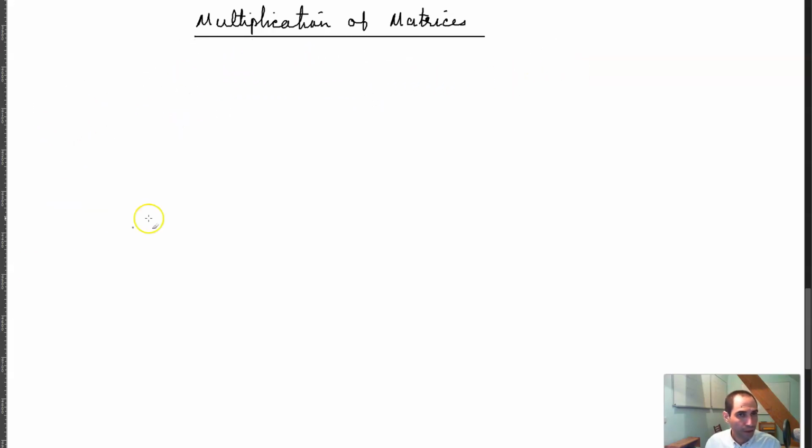Okay, now there is a very good example here that basically helps us understand the concept of matrix multiplication.